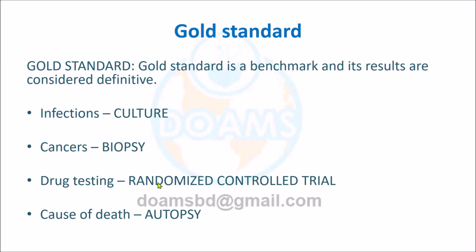These are examples of specific tests, and we call them the gold standard test. Gold standard test means that, till now in the world, by doing this test we will be sure about the presence of the disease, though there is some limitation. For example, biopsy is useful for detection of cancer, but sometimes for many reasons biopsy may be negative. Why do we still call it the gold standard?